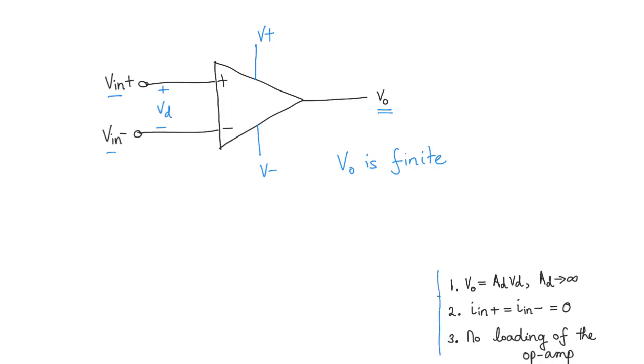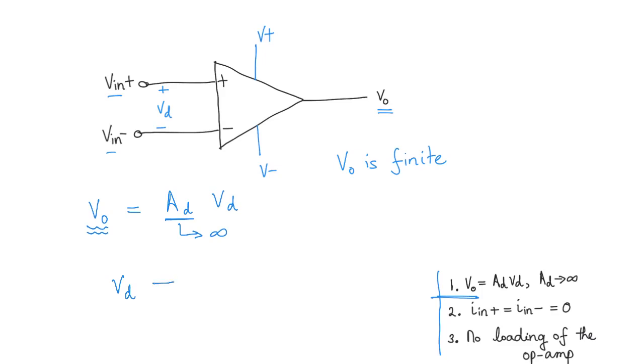Just look at this first assumption. V naught is equal to AD times VD, and we are saying that this V naught is going to be finite. However, we have already assumed that this AD is infinite, right? So if V naught has a finite value, what does that mean for VD?